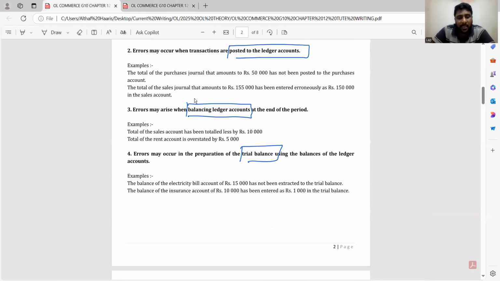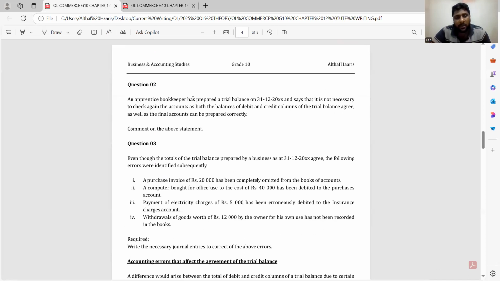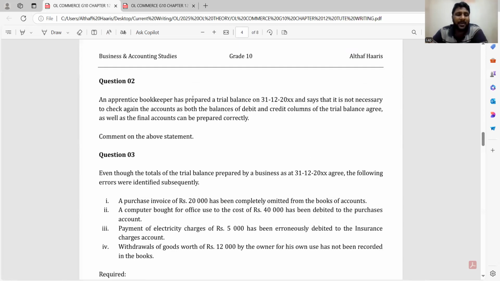Now let's get into question number 2. What are they telling? An apprentice bookkeeper has prepared a trial balance on 31st March 20x6 and says that it is not necessary to check the accounts again, as the balances of the debit column and credit column are agreeing, are balancing. What this bookkeeper is telling is that we are not required to check the accounts again.